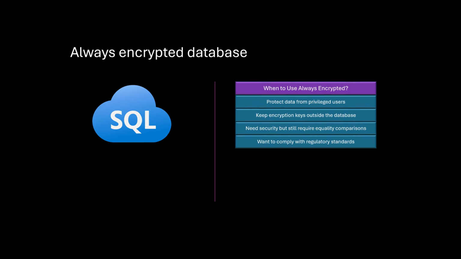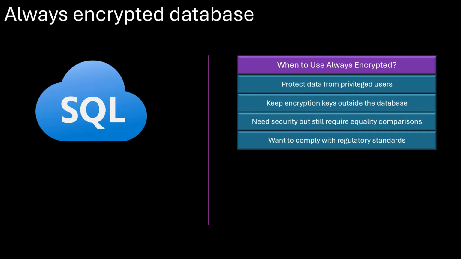When to use Always Encrypted? You should use Always Encrypted when you store sensitive data, such as credit card details, SSN, or medical records. You should use it when you need to protect data from privileged users, such as DBAs or cloud operators.